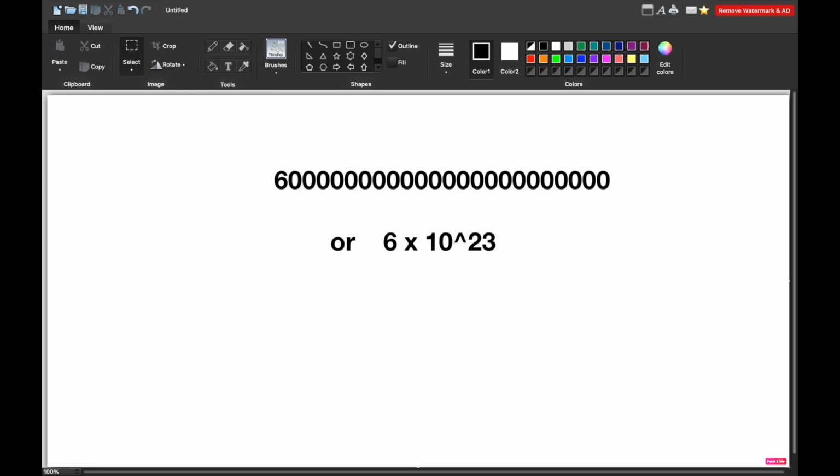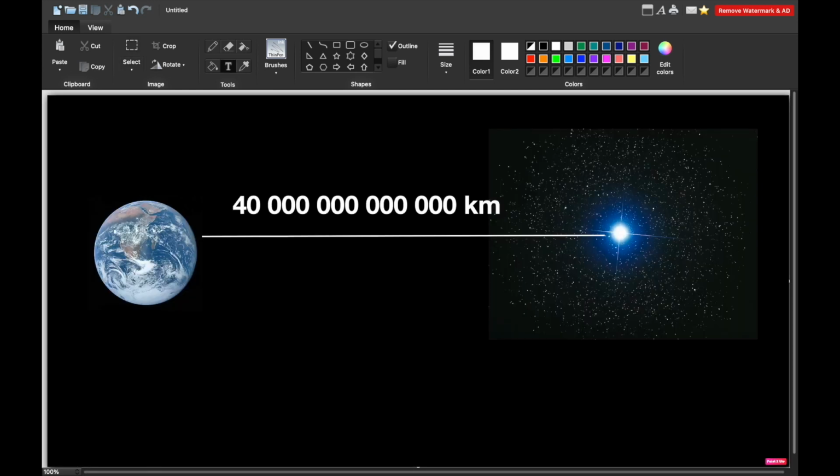A simple analogy: the distance from the Earth to the stars can be expressed in kilometers. For example, from the Earth to the star Alpha Centauri C is about 4 times 10 to the power of 13 kilometers. It is a huge figure that is difficult to comprehend and difficult to handle. But if we take as a standard the distance that light travels in 1 year, it turns out that this star is 4.2 light-years away.